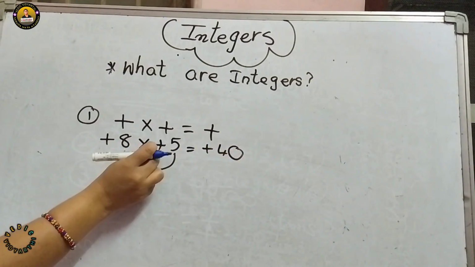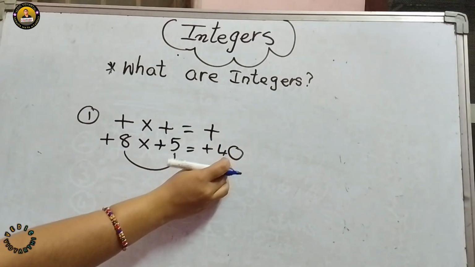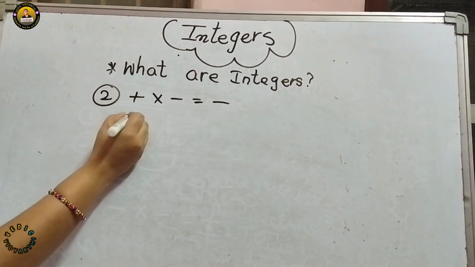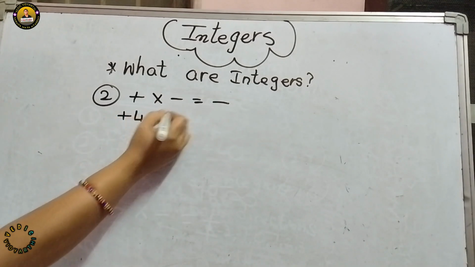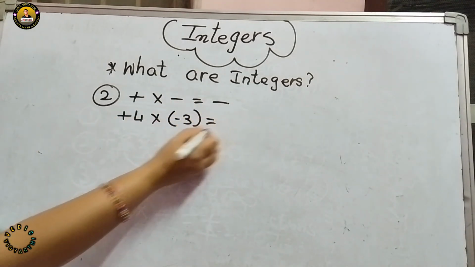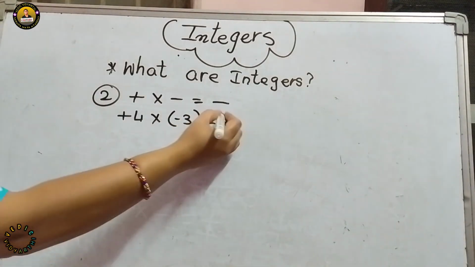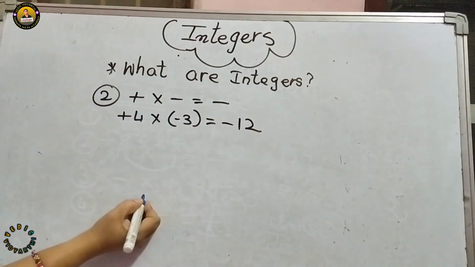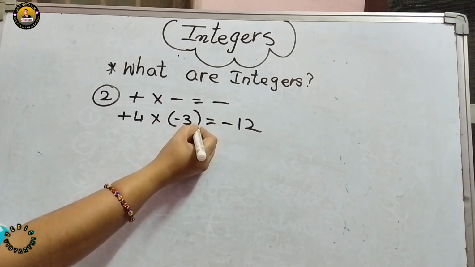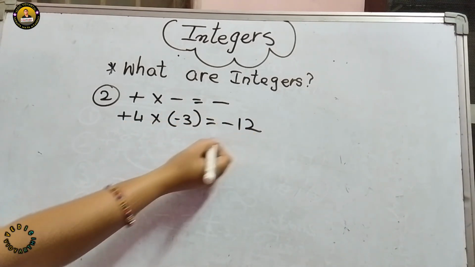So plus into plus, we will get plus. Plus 40 is the answer. So plus 4 into minus 3 is equal to minus 12. So plus into minus, we will get minus. So 4 into 3, 12. So minus 12 is the answer.